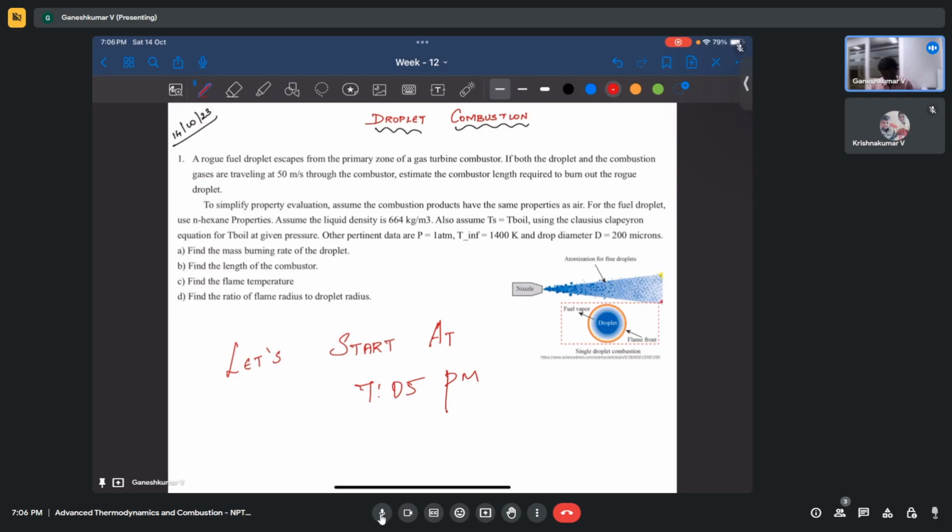Droplet combustions are important in a lot of places, especially in rocket engines. Even in gas turbine engines, the fuels are always in liquid state, and we use an atomizer, or you can call it a nozzle.